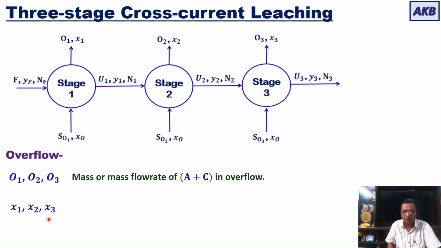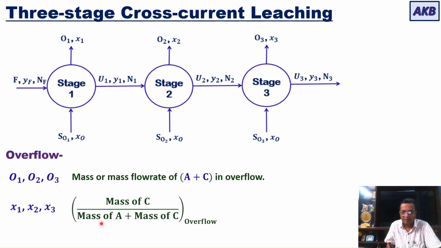Then x1, x2, x3, the weight fraction of C on a B-free basis, will be different for those stages. So x1, x2, x3 are mass of C divided by mass of A plus mass of C in the overflow that comes out of various stages. x1 from stage number 1, x2 from stage number 2, x3 from stage number 3.